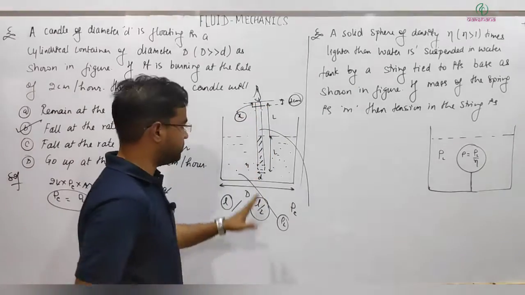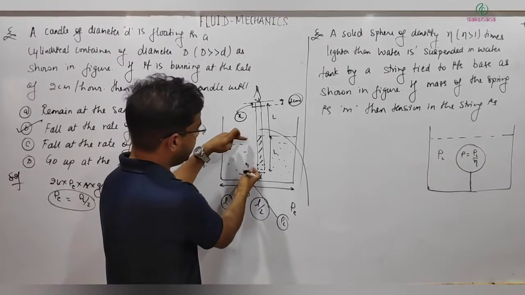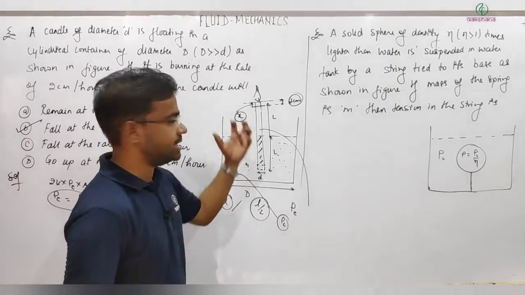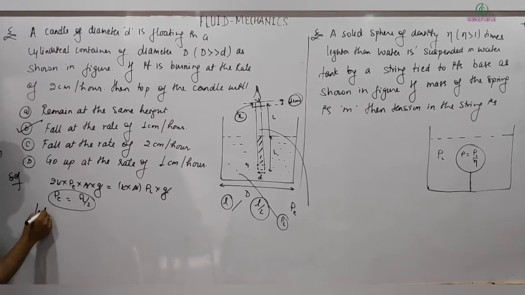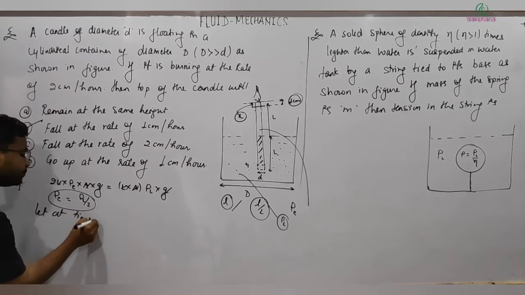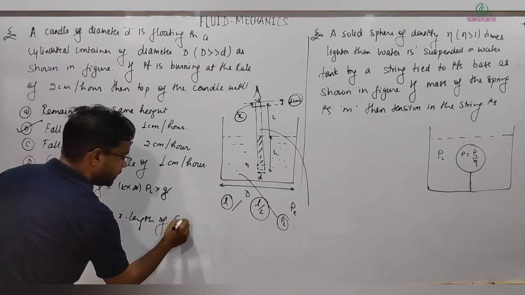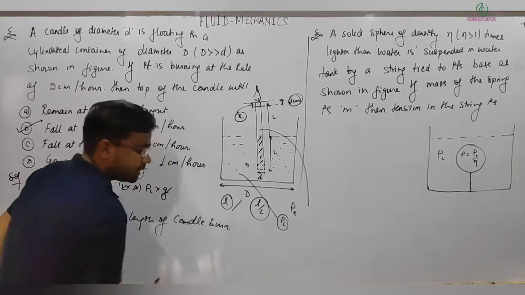Then how much length of the candle is remaining? 2L minus X. And let me calculate how much length inside is required to balance its weight so that it's still staying there. So let at time t, X length of candle burn. Right?